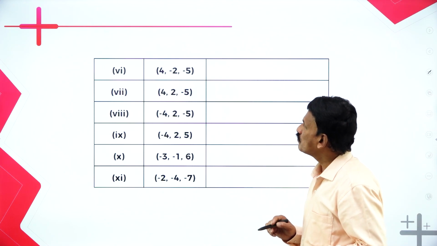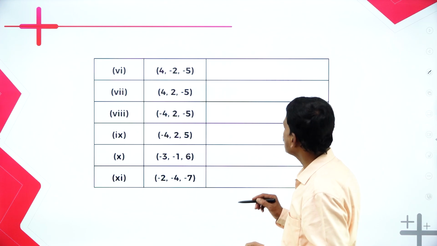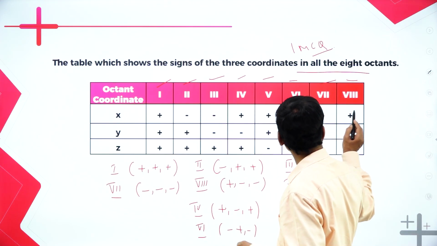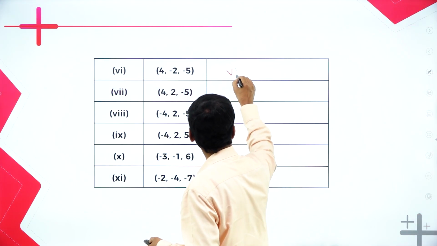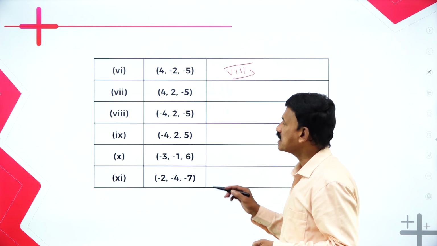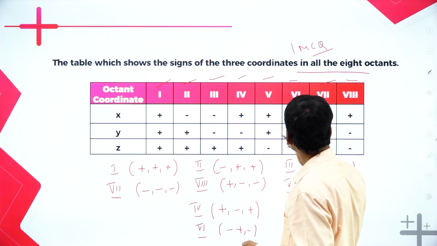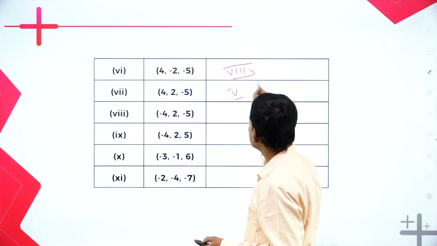Similarly, 4, minus 2, minus 5, that means plus, minus and minus. Where will it come? Plus, minus and minus is in the eighth octant. This is the fifth, sixth, seventh and eighth octant. Again plus, plus and minus: it will come in the fifth octant.